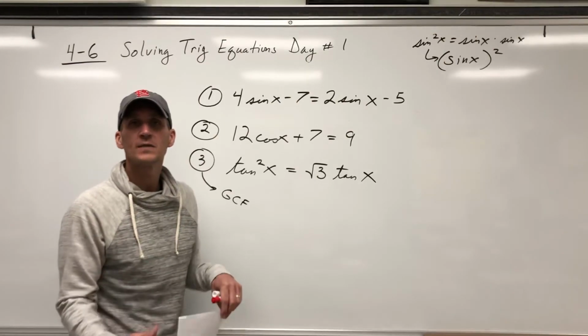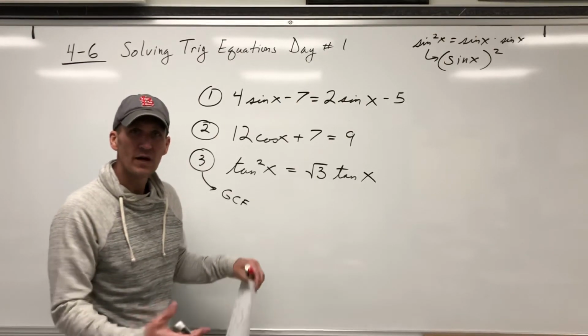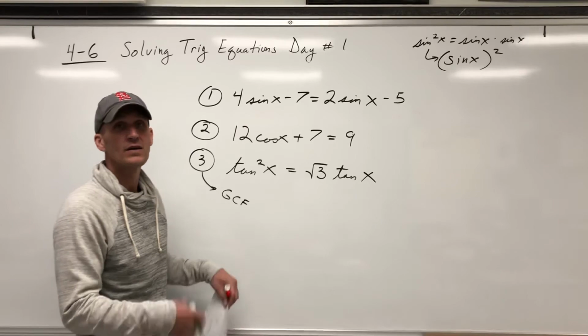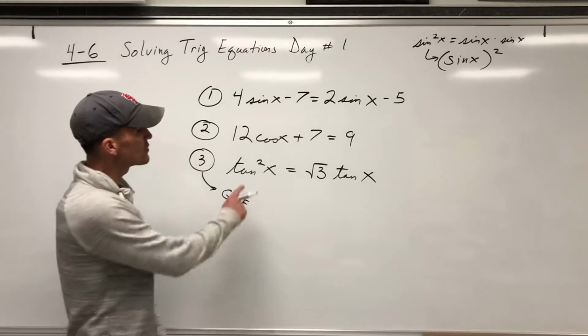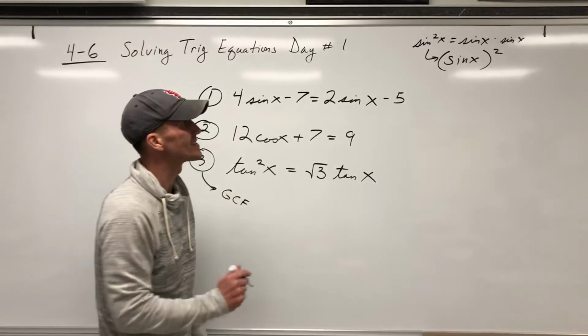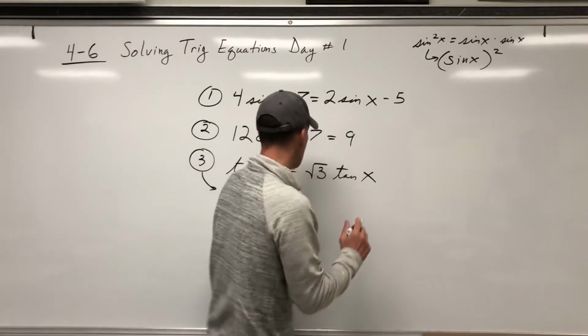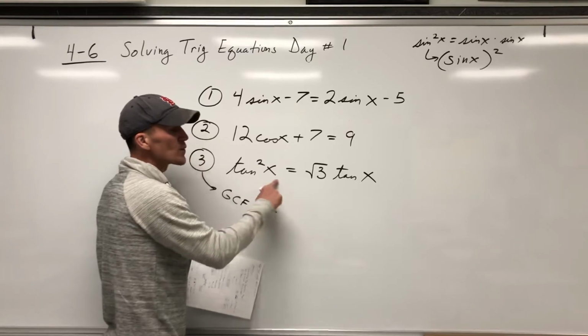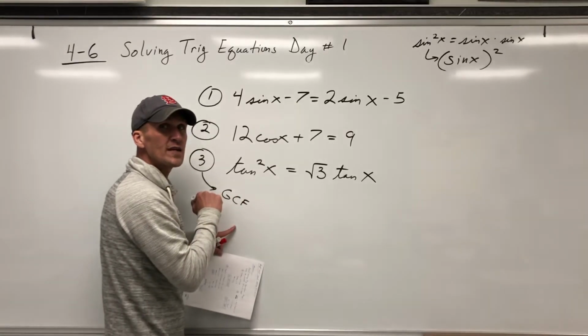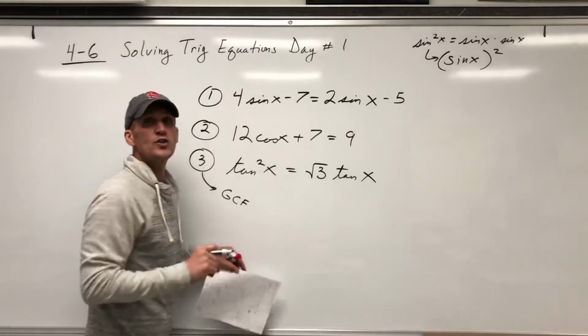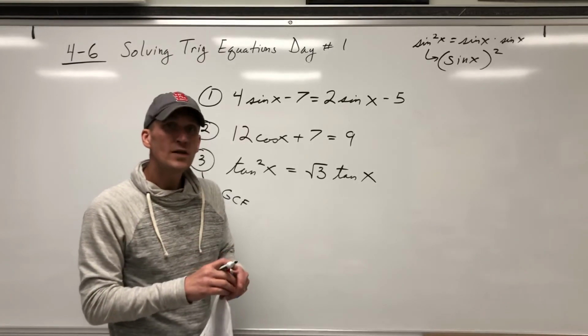So all the same skills that we've used in our Algebra 1 class can be applied here by our factoring techniques. And please remember what tangent squared of x is. If we know sine squared of x is sine of x times sine of x, you have to know that that's really tangent of x times tangent of x. Hope that helps.